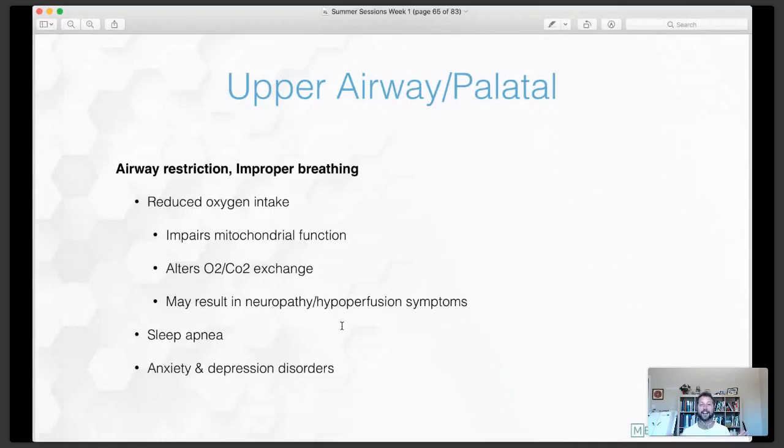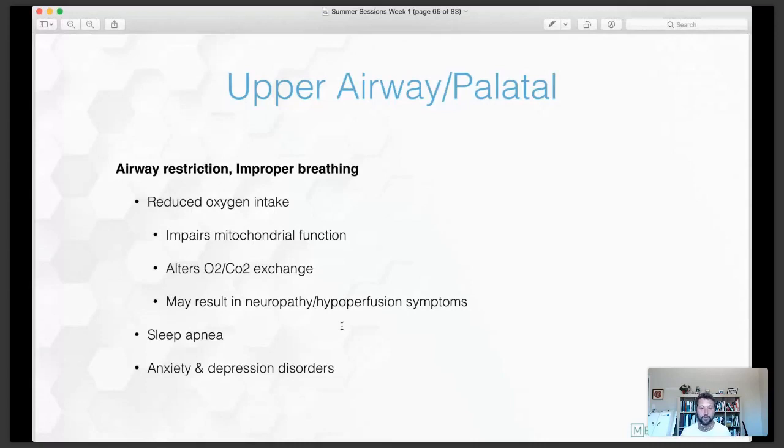Everything is dependent on oxygen. So that oxygen CO2 exchange that's so vital for the blood pH and for everything to work is going to be off if there's upper airway problems or if there's airway restriction or breathing problems. So how can this not be a problem? I mean, everything is going to be affected, right?